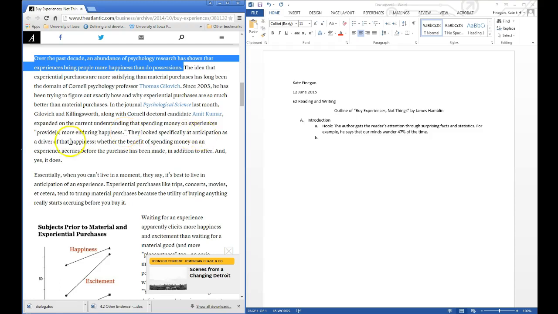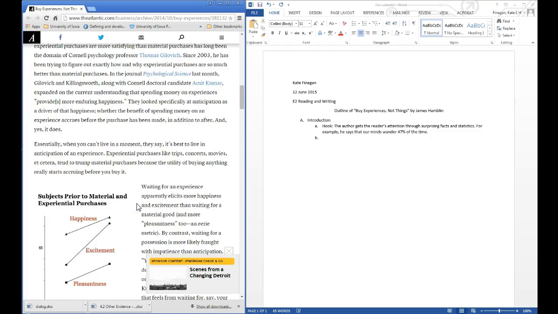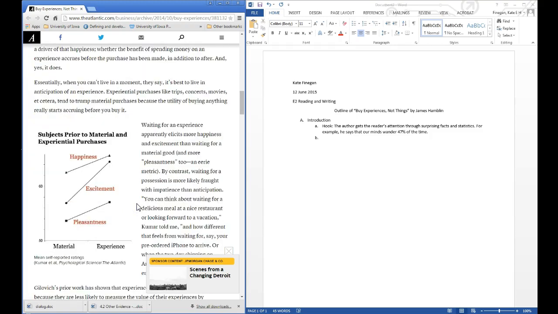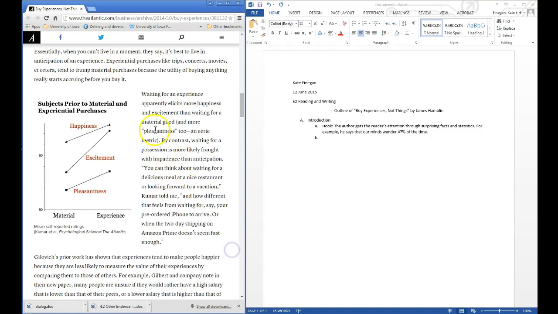They look specifically at anticipation as a driver of that happiness, whether the benefit of spending money on an experience accrues before the purchase has been made in addition to after. And yes, it does. Essentially, when you can't live in a moment, they say, it's best to live in anticipation of an experience. Experiential purchases like trips, concerts, movies, etc. tend to trump material purchases because the utility of buying anything really starts accruing before you buy it. Waiting for an experience apparently elicits more happiness and excitement than waiting for a material good.